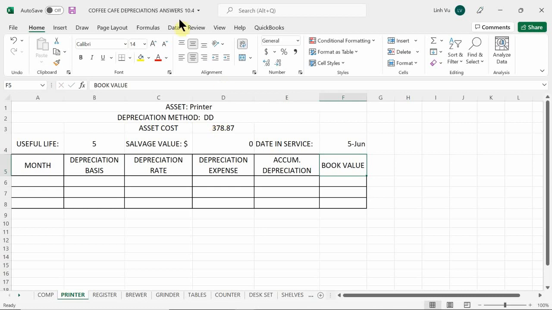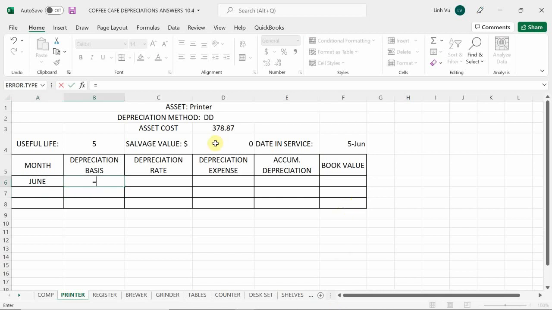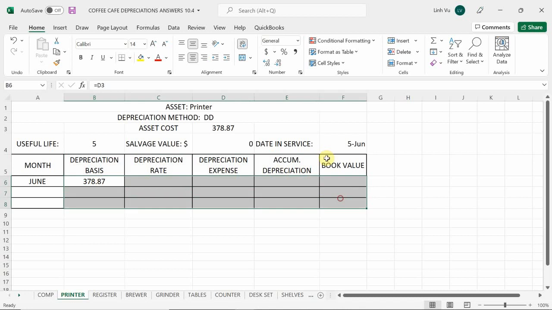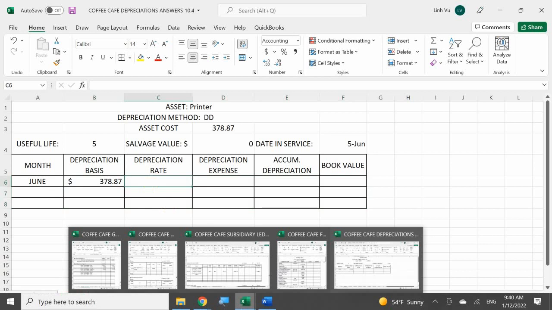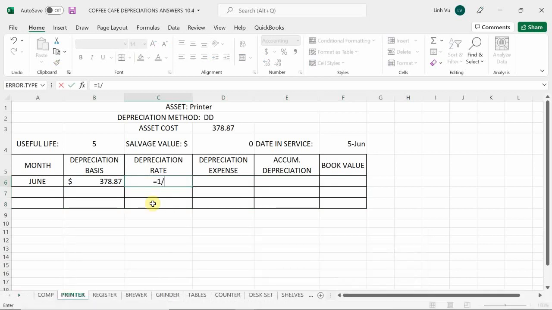So there you go. Our first assumption is we need to plug it to the wall on the first day. So what is my depreciation basis? The 378.87. Yep, it's going to be the beginning of the year's book value. What's my depreciation rate going to be? 0.40. Good.